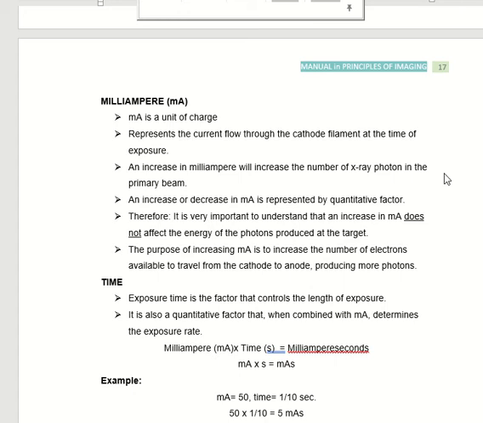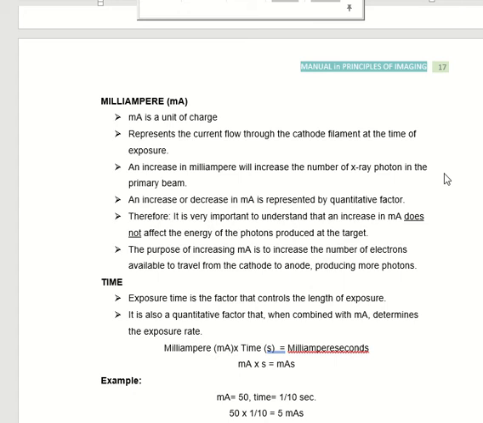So exposure time is the factor that controls the length of exposure. So basically, when we say time for the technique factors, it refers to the amount of time that the patient will be exposed to radiation, or the amount of time that the X-rays will be emitted from the tube towards the patient. So it is also a quantitative factor which can be selected through the control console.